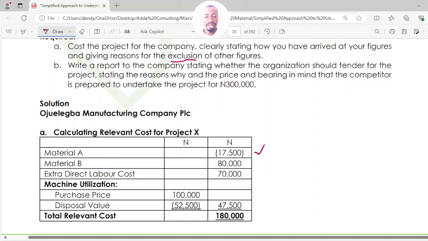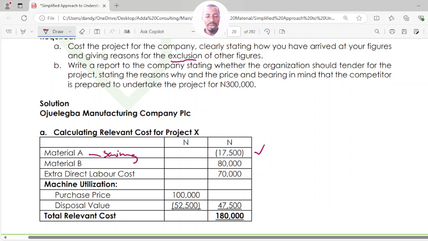The examiner says you should cost the project, so you want to determine relevant cost. If you have a saving, it is a cash inflow, but the examiner wants you to determine cost. Therefore, you put the saving in brackets to reduce the cost. That's why this material A is a saving of 17,500.